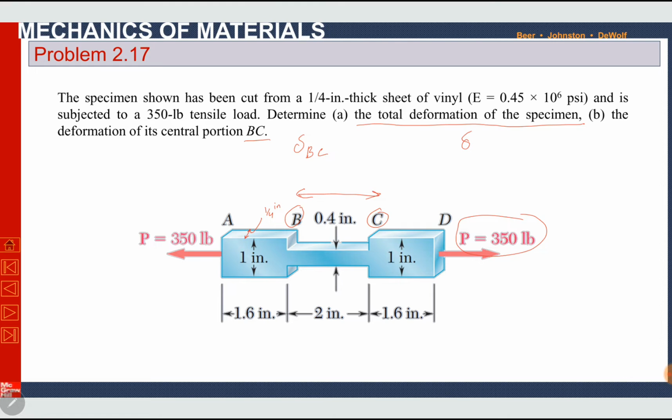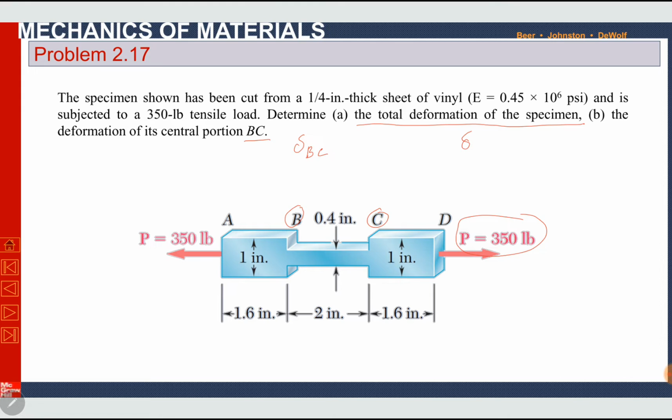There are total three sections, three portions in this figure, in the specimen actually. Section AB, section BC, and section CD, because the area is changing from point A to point D. There is no change in load. The load between point A and point D is constant, so we do not need to calculate separate load.